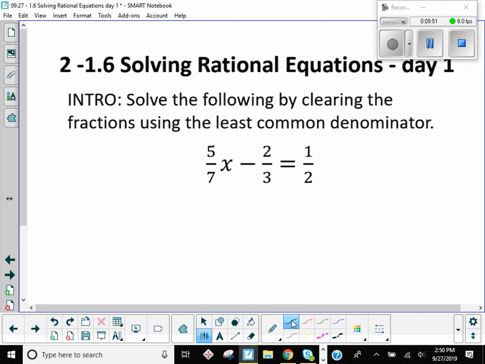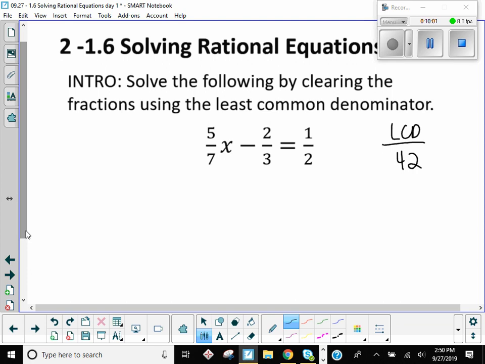Okay, so the LCD is 42. What do we have to multiply the first fraction by? So the bottom is 42. 6, all right, top and bottom. What about the second fraction? 3 times what is 42?